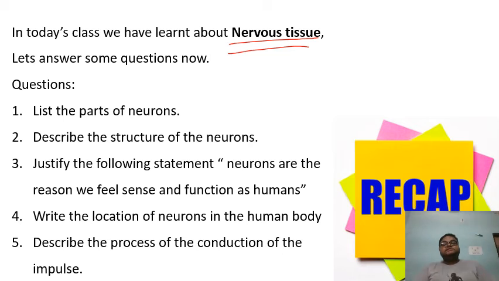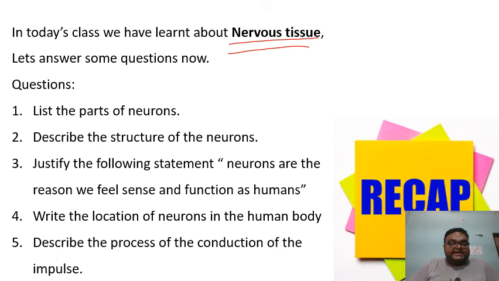We can justify this statement because our brain, our spinal cord, all of our nerves, these are made up of what? These are made up of neurons or the nervous tissues, right? Okay, students. So our brain is the seat of intelligence and it functions because it is made up of neurons. So because of the neurons only, we can feel, sense, and function as humans, right?